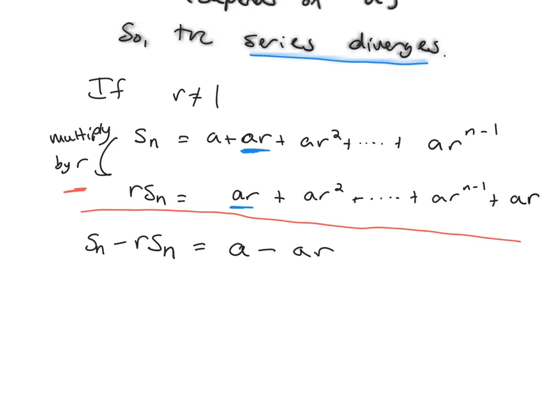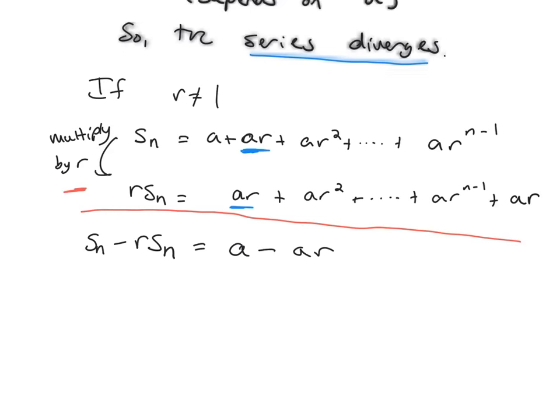But this formula is a lot nicer, right? I want to have a nice formula for S sub n. So my goal right now is to solve for S sub n. How could I solve for S sub n? All the S sub n's are on the left side, right?